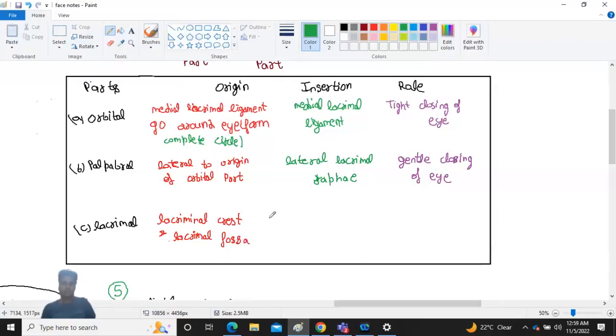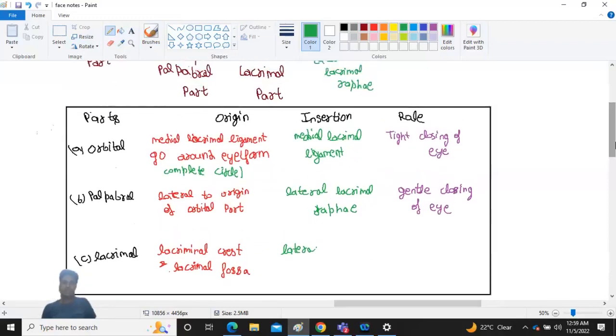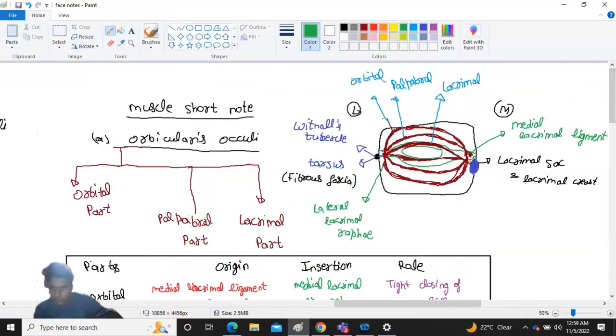And insertion is similar, lateral. This is the origin point of the lacrimal part. Then this muscle goes and inserts to the lateral lacrimal raphe. This is the lacrimal part, and this is the palpebral part, from the medial lacrimal ligament to the lateral lacrimal raphe. Done. Only the orbital part forms the complete circle, not these parts.